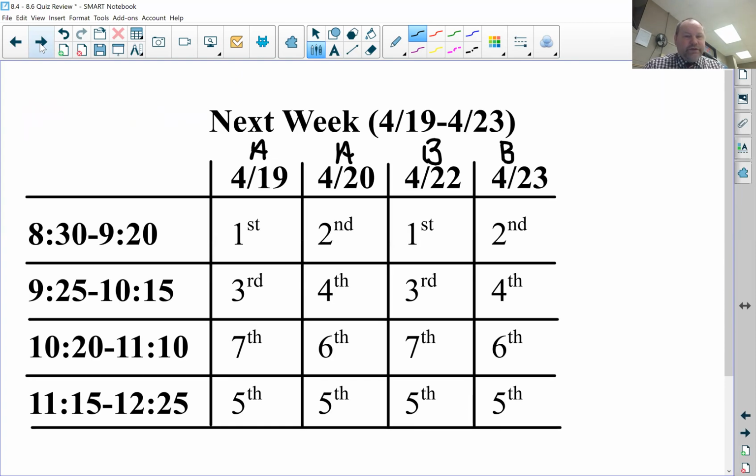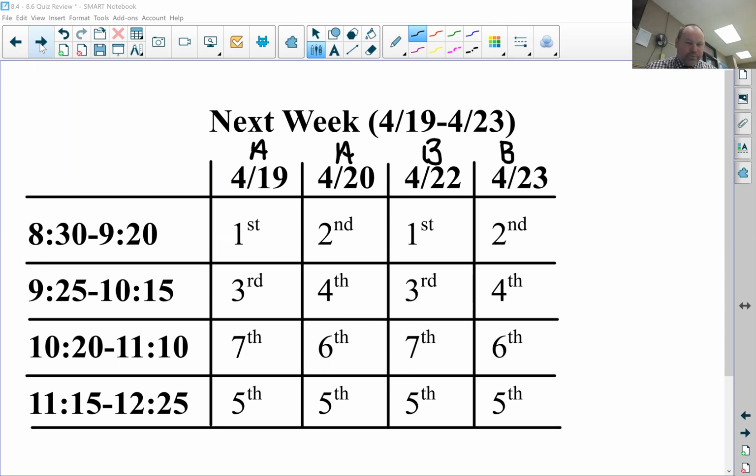So next week, cohort A meets Monday and Tuesday, but only for 50 minutes. So from 8:30 to 9:20 for first hour, 9:25 to 10:15 for third hour, 10:20 to 11:10 for seventh hour, and then 11:15 to 12:25 for fifth hour because of lunch.